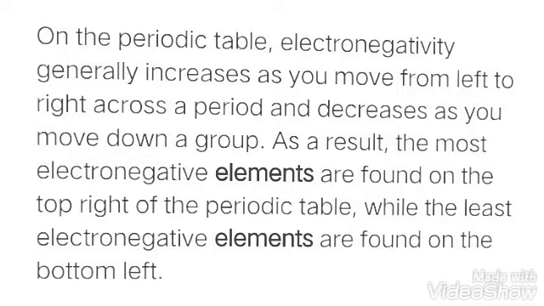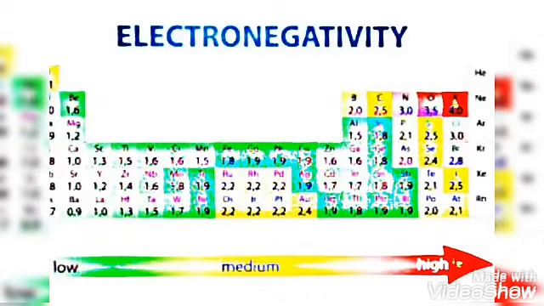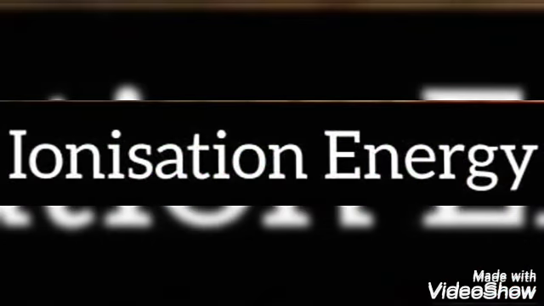Electronegativity increases in a period from left to right because atomic size decreases, so the nucleus can attract the electrons strongly. In a group from top to bottom, it decreases because atomic size increases.